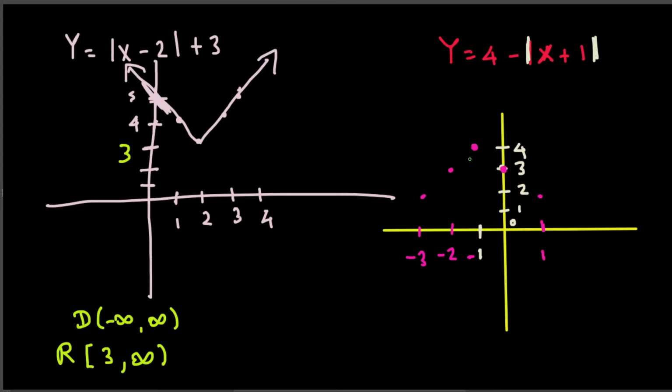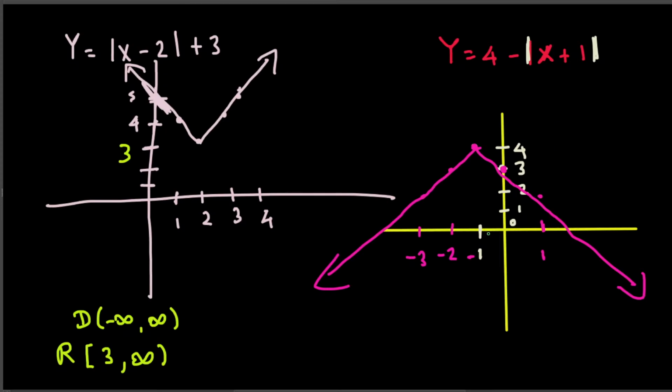So the graph is going to go like this. So this is the graph for this absolute value function.